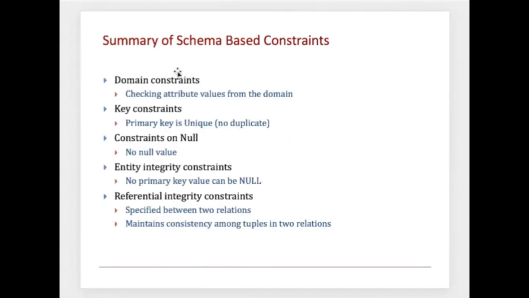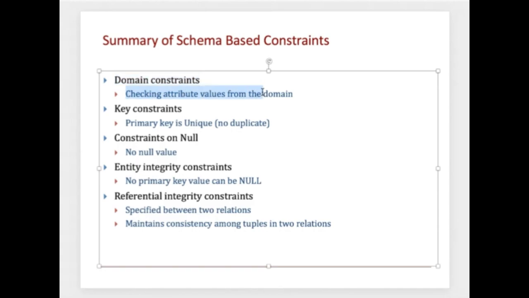In a summary, so summary is summary of the types of the relation constraints. First, domain constraint. In domain constraint violation, you check the set of possible values. Like in salary, we cannot insert text values. In primary key constraint, you check the values are unique, yani no duplicate.